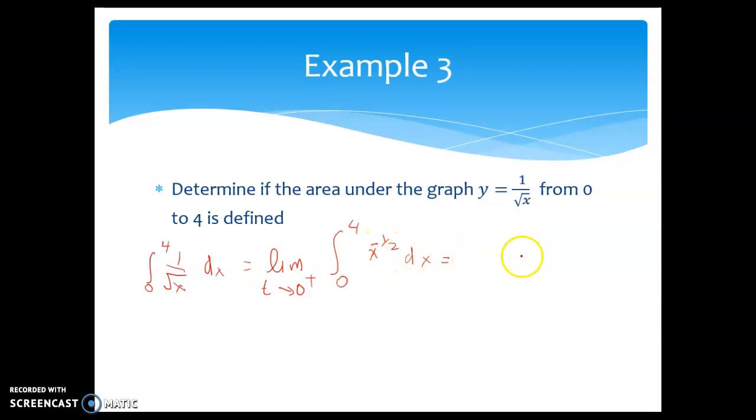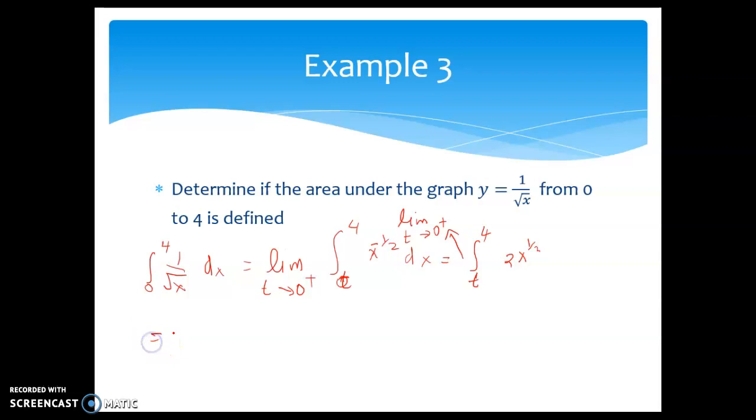So when we add, it's going to be x raised to the power of 1/2 divided by 1/2. So here the integral is going to be from t to 4, with the limit as t goes to 0 from the right.